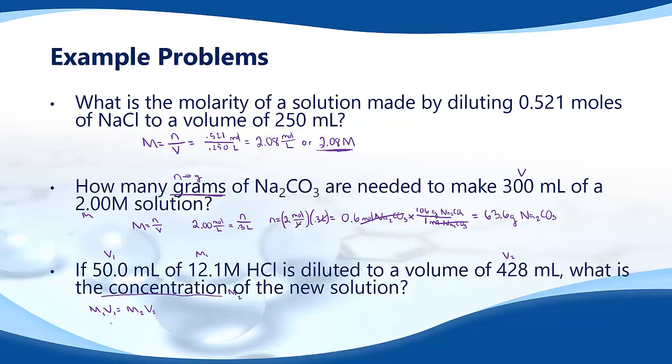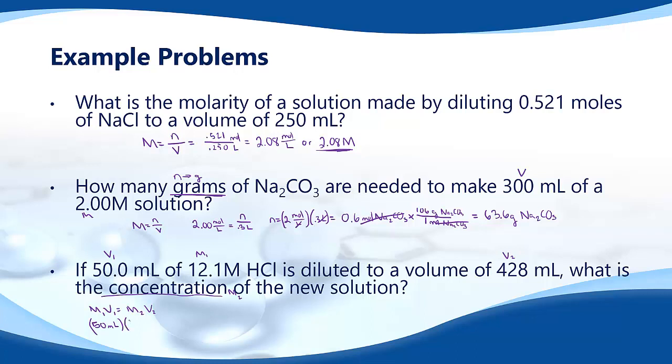I'll plug these in. Now again, just like the gas laws, it doesn't matter what unit of volume you're working with for this particular equation. Molarity equation in general needs to be in liters, but the dilution equation works just like the gas laws do. As long as you're consistent on both sides, they'll just cancel out.